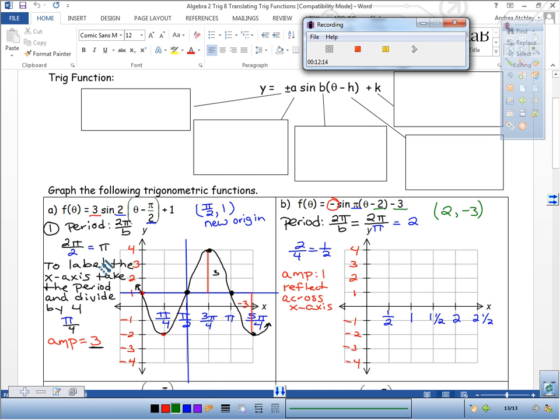Okay, so we got our x and y axis at 2 for x. So that's my new x-axis, or y-axis. Oopsie, I'm doing that wrong. My new x-axis is at 2, yes. Okay, sorry. And my new y-axis is at -3. Any questions over that?